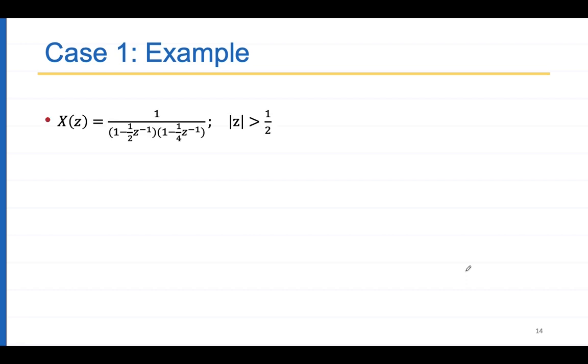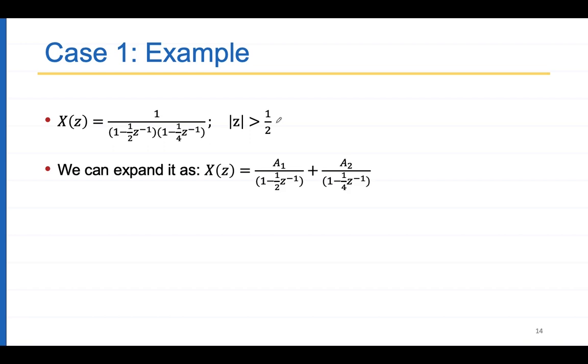If I give you an X(z) of this form where there are two terms multiplying in the denominator, and you individually know the inverse z transforms of 1 upon 1 minus a z inverse and 1 upon 1 minus some other a z inverse, what do I do if the two come together in the denominator? And the ROC is also mentioned here. It's a right-handed sequence.